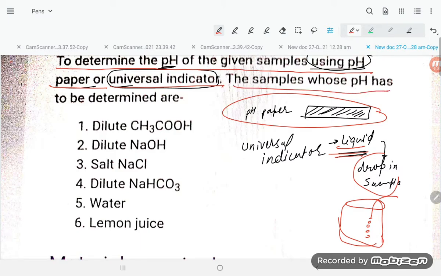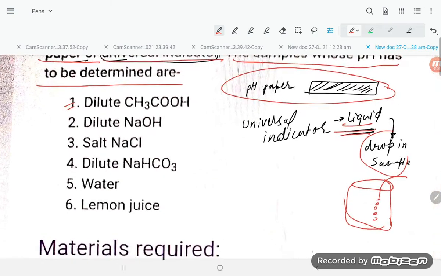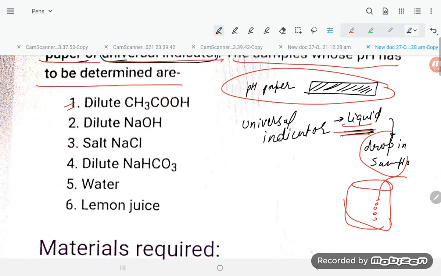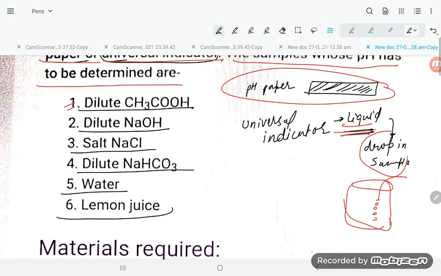The samples whose pH has to be determined are dilute acetic acid, dilute NaOH, salt NaCl, dilute NaHCO3, water, and lemon juice. For these we are going to determine the pH.